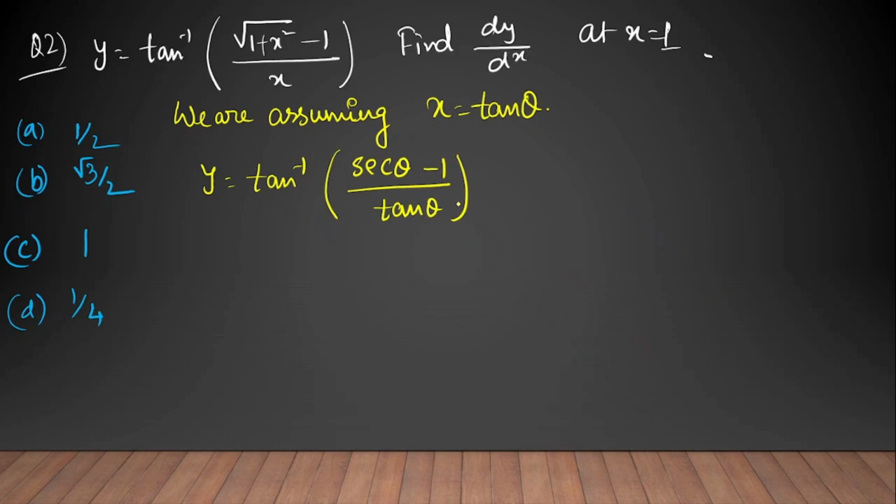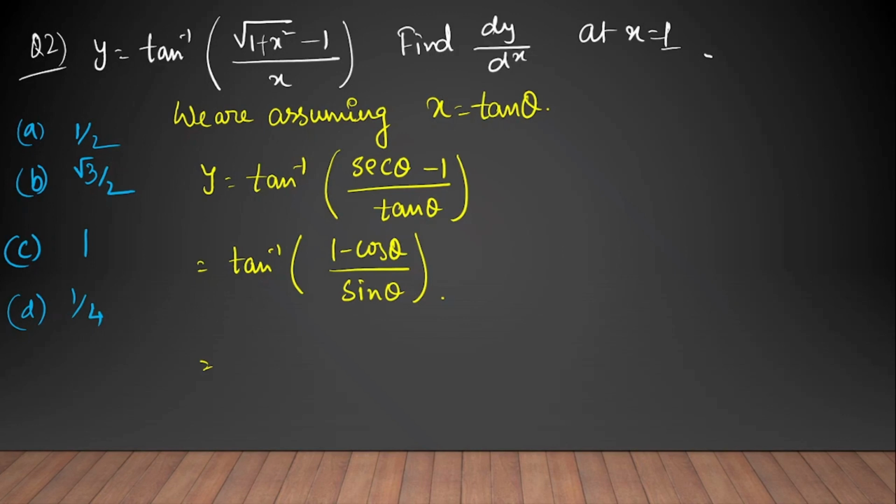So sec theta minus 1, we can write it over here, that is equals to tan inverse of (1 minus cos theta) divided by sin theta. In the previous question you have seen the same scenario, 1 minus cos theta divided by sin theta.